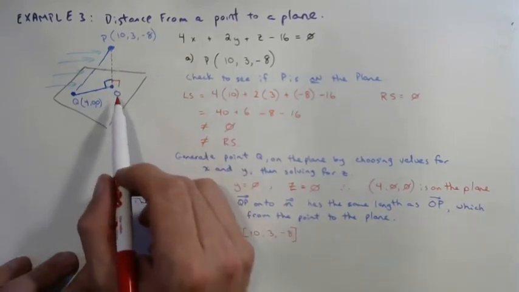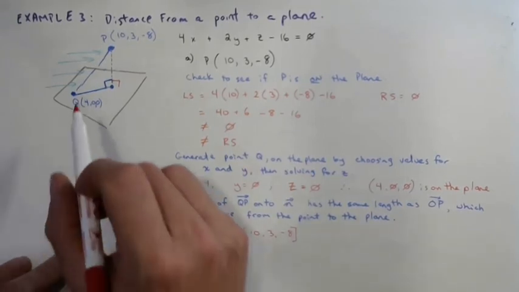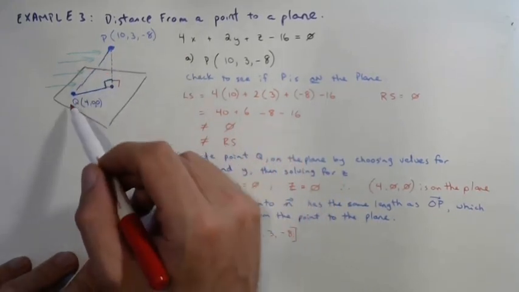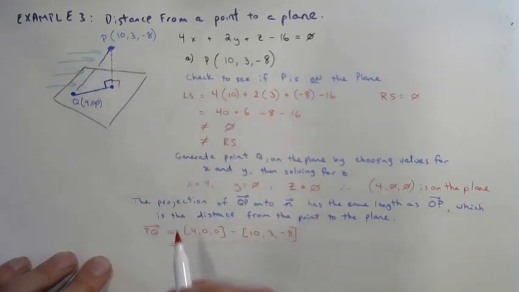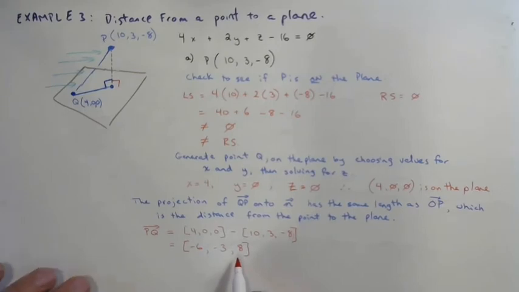I didn't do that, but we'll just carry this through. It's the same thing. I can get the vector PQ by taking point Q, take away point P. 4 take away 10 is negative 6. 0 take away 3 is negative 3. 0 take away negative 8 is positive 8. So there is my vector PQ.